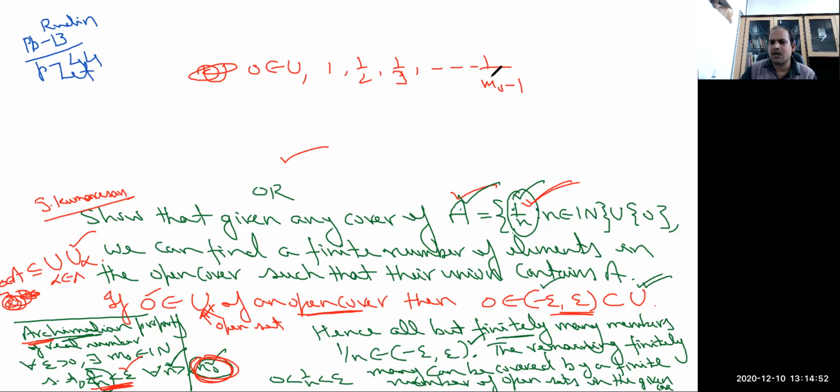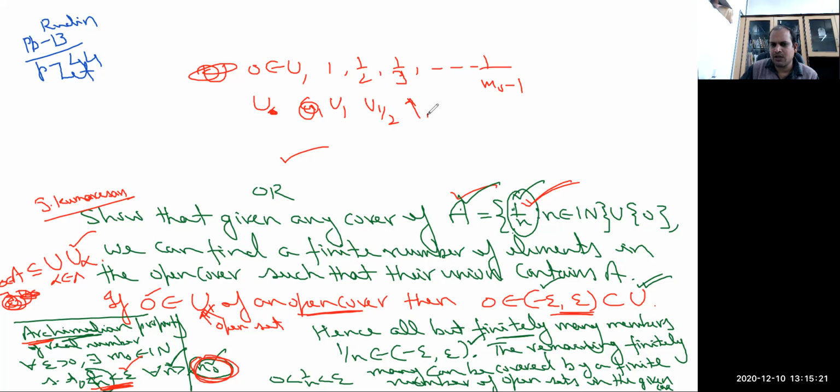So how many members are left? This one. So what we can do, for this 0 we have U. Let us take any one open set from this family. Suppose this one is U alpha which contains 0, or simply write it as U. And here let us take one open set from this family which contains 1, denoted by U1, U half which contains half.